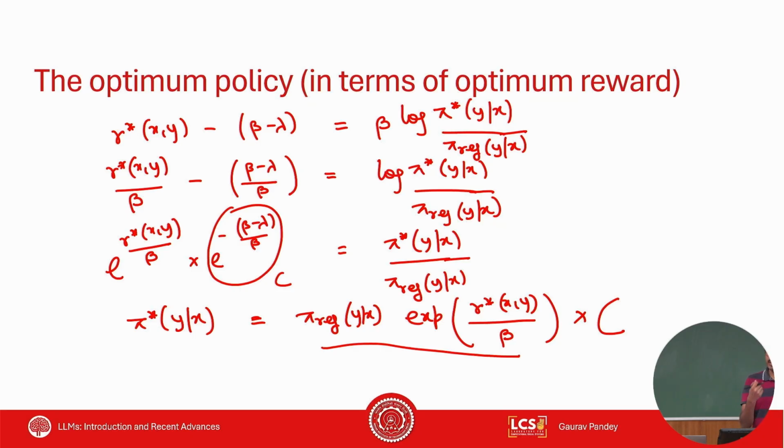It should have high probability under the reference policy. That means your base model should think that output is already correct. Only then the optimum policy will give high probability to that. And the second thing is that its reward should be high, right? And that's what we started with. We said that its KL divergence should be low and the reward should be high for the policy. And that's what this equation shows, that the optimum policy will give high probability only if it has high reward, and also it is desirable under the reference policy.